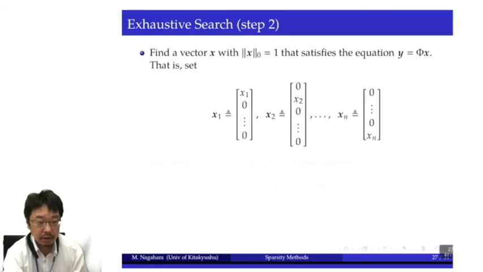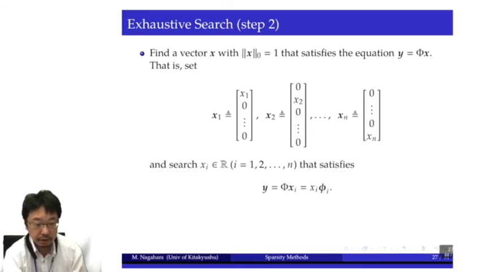That is, set x1 as (x1, 0, ..., 0), x2 as (0, x2, 0, ..., 0), and xn as (0, ..., 0, xn), and find such a scalar xi that satisfies y equals Φxi, which is equal to xi times φi.